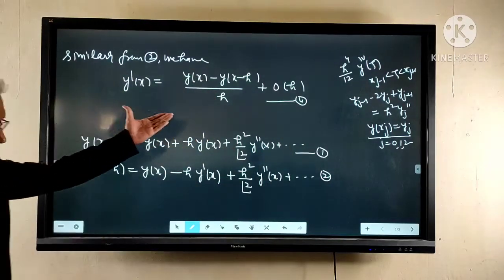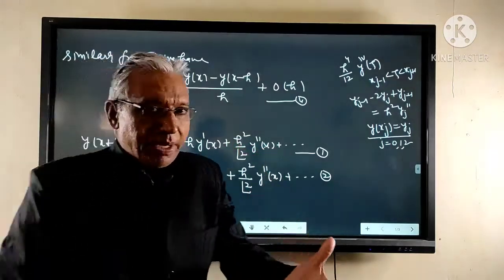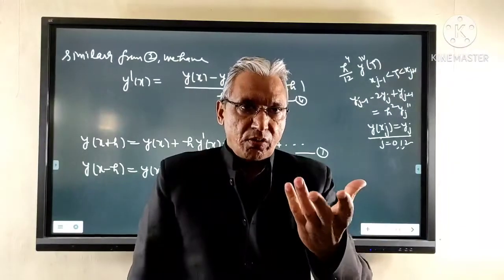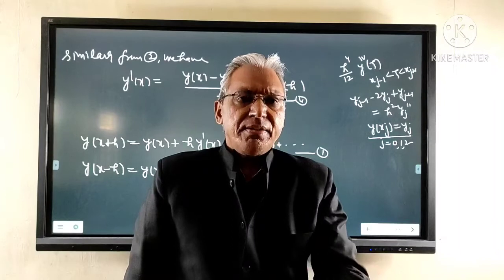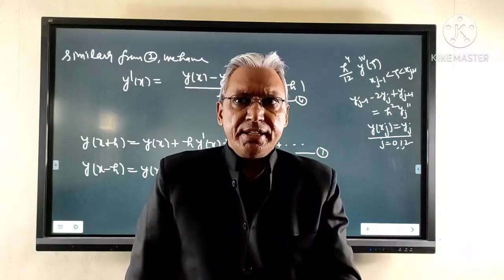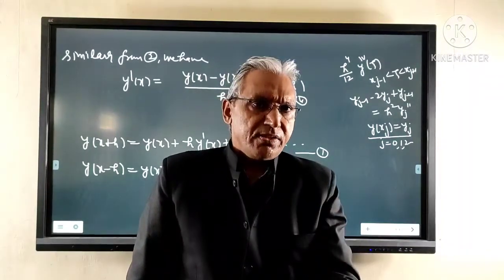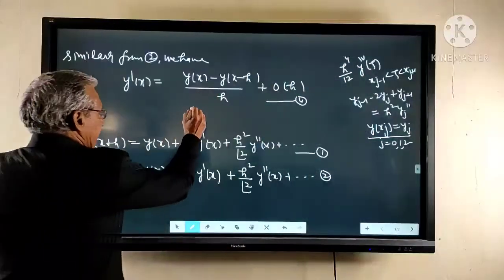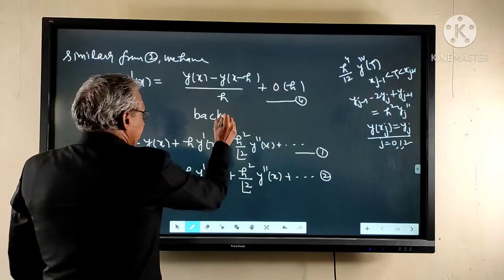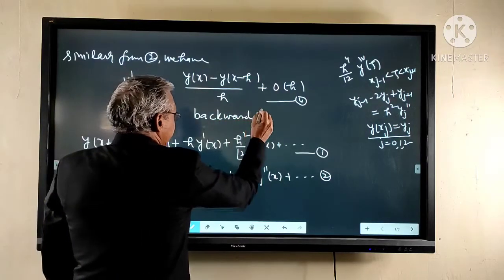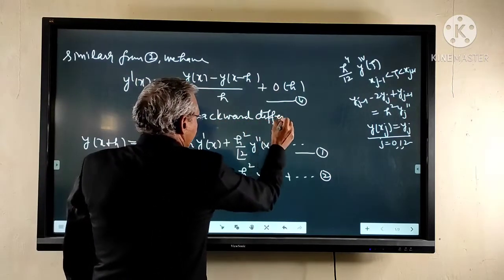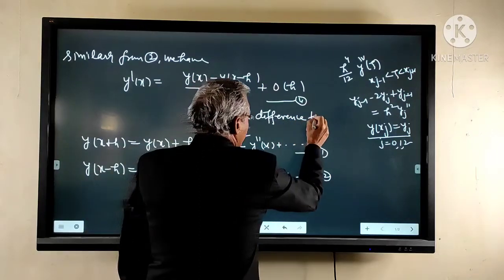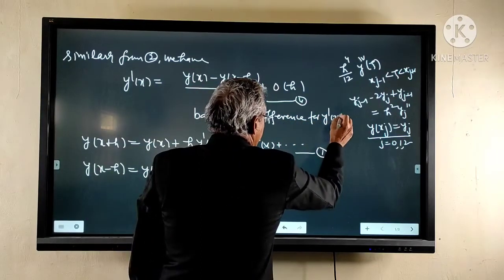This equation denotes the backward difference for y'(x). In other words, this is the forward difference equation for the first derivative, and this is the backward difference for y'(x).